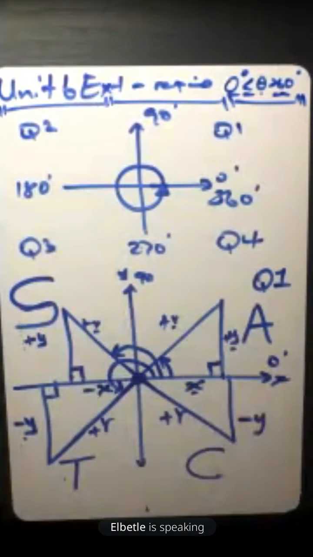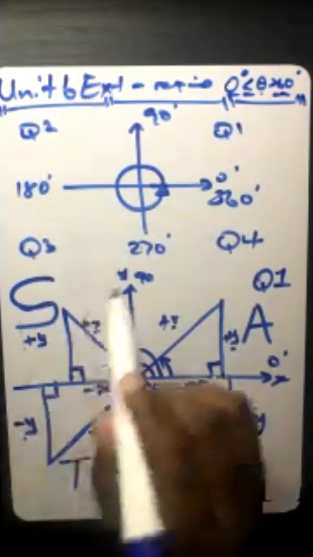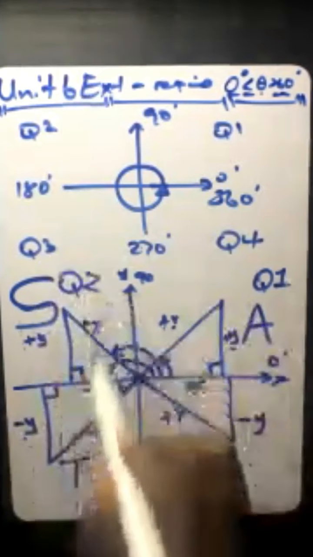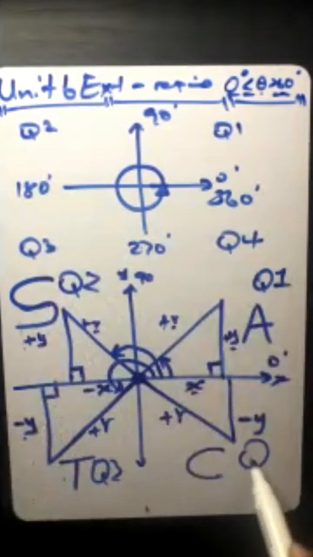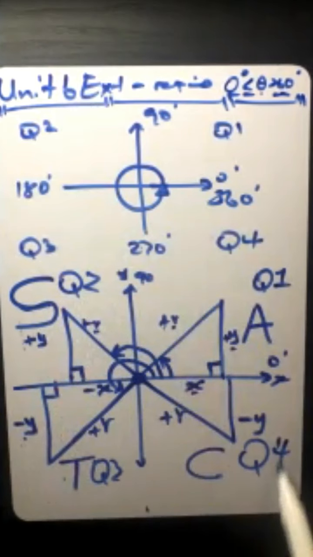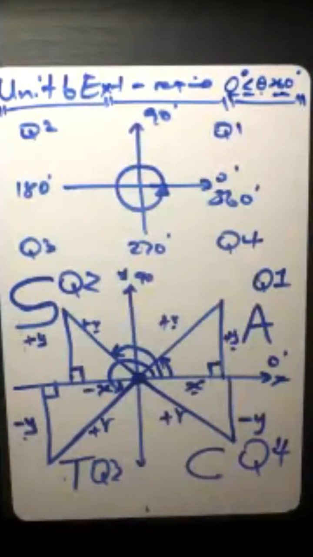Yes, sir. So obviously this is quadrant 2, quadrant 3, quadrant number 4. So for now, let's leave it there, because I notice I'm running out of battery.